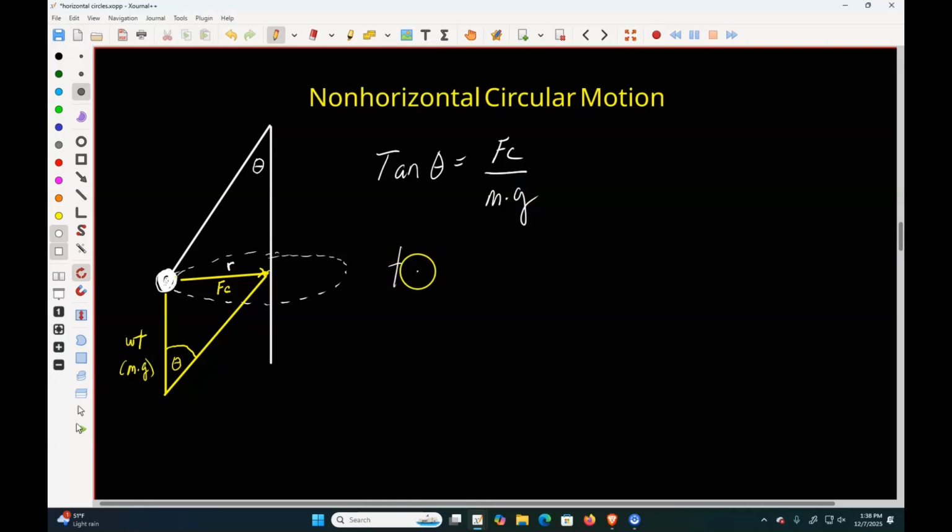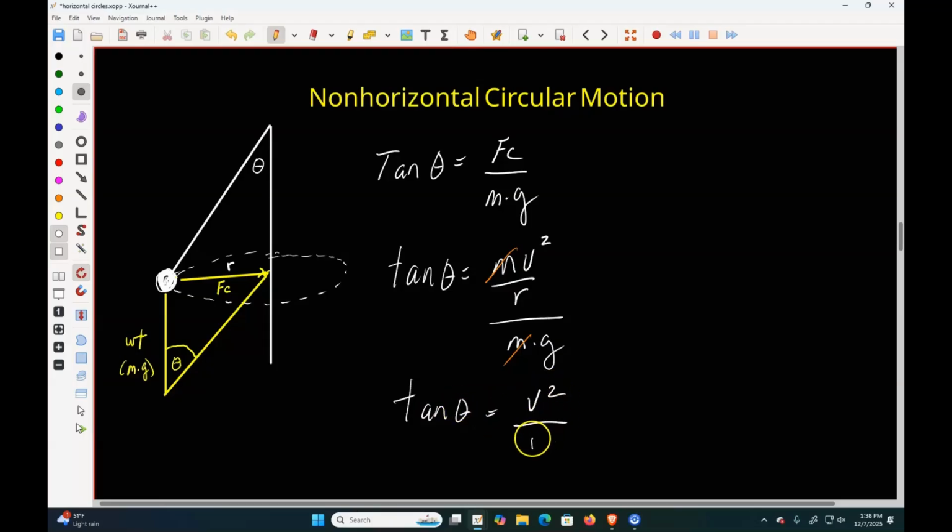So we can say tan theta is equal to mass times velocity squared over radius, over mass times gravity. The two masses cancel. We can simplify this to velocity squared over rg.